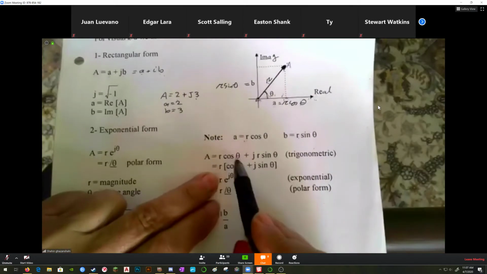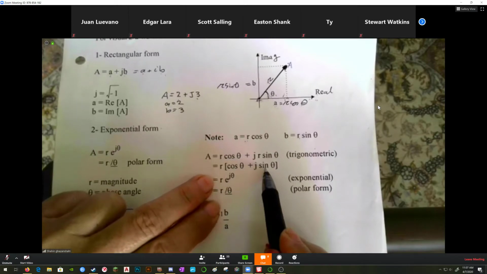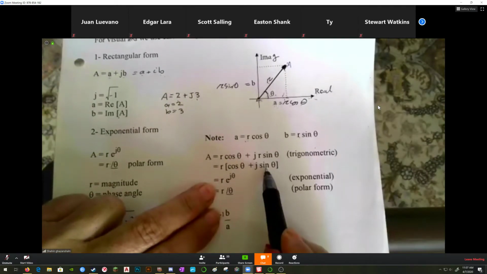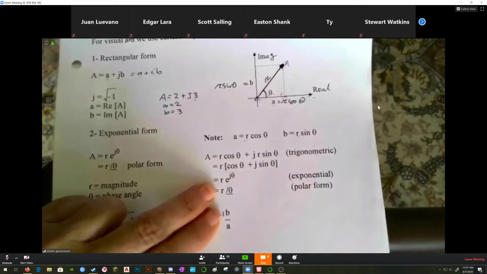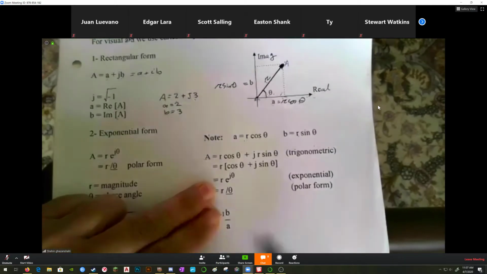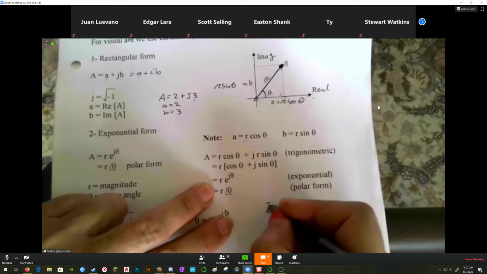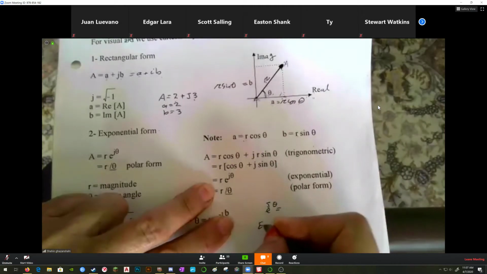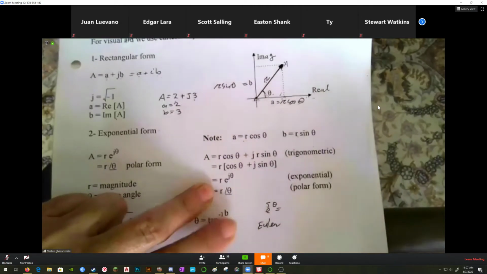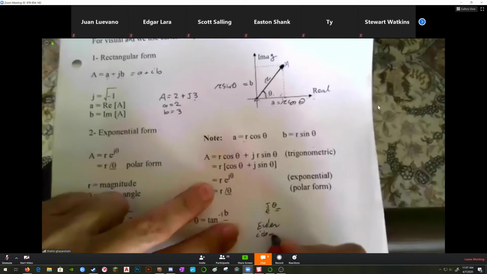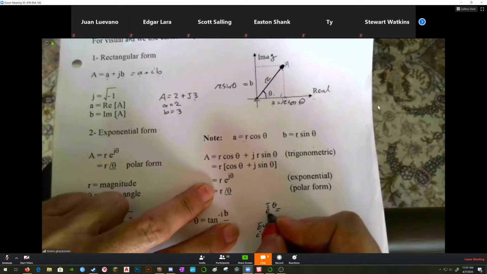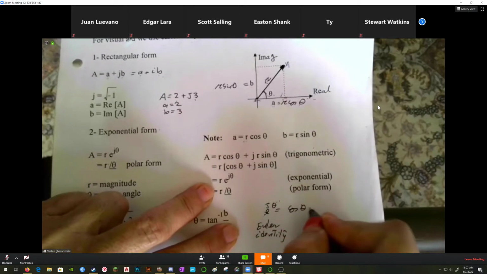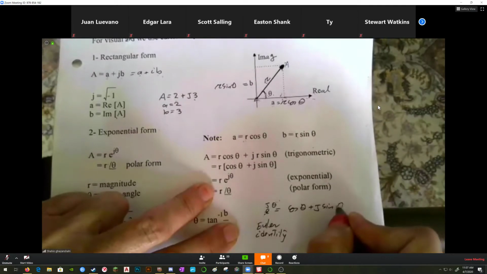Now, if I factor the R between them, you get cosine theta plus J sine theta. You know from math, from Euler identity, that this is equal to exponential of J theta. So if you remember Euler identity, you can always expand this exponential as cosine theta plus J sine theta, correct?